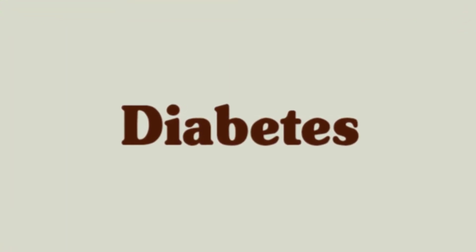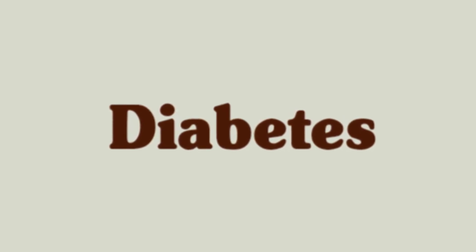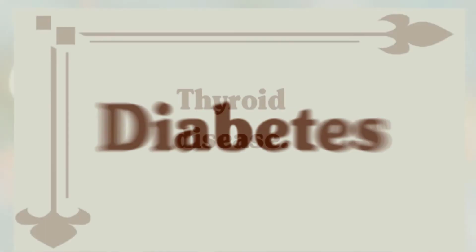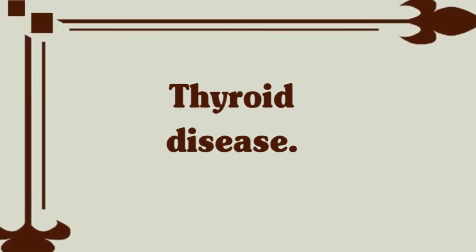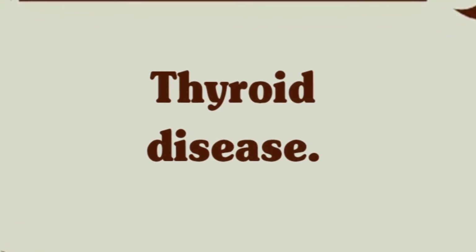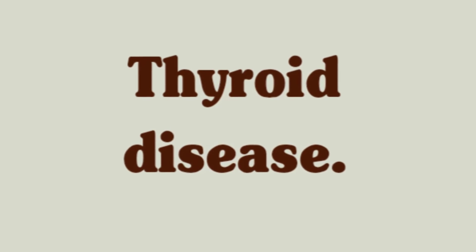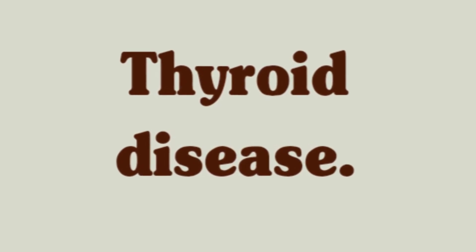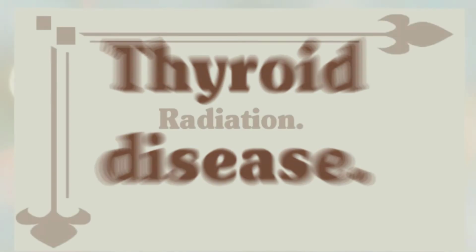Stillbirth, unrelated gestational diabetes can result in a baby's death either before or shortly after birth. Thyroid disease is the second most common endocrine disorder affecting women of reproductive age, and when untreated during pregnancy is associated with an increased risk of miscarriage, placental abruption, hypertensive disorders, and growth restrictions.